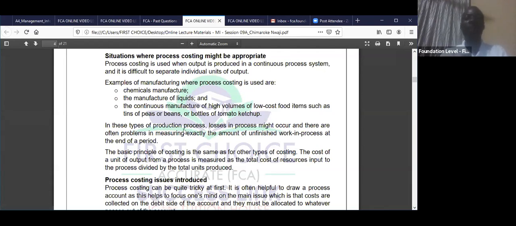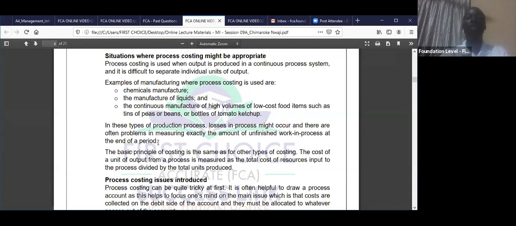In this type of production process, losses in process might occur. And there are often problems in measuring the exact amount of unfinished work in process at the end.